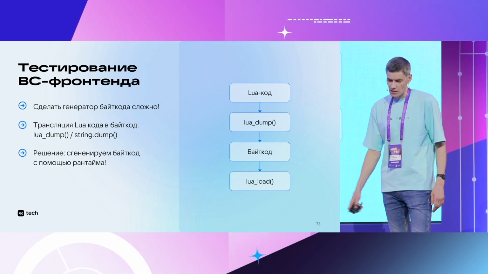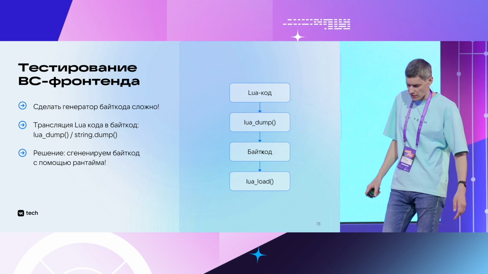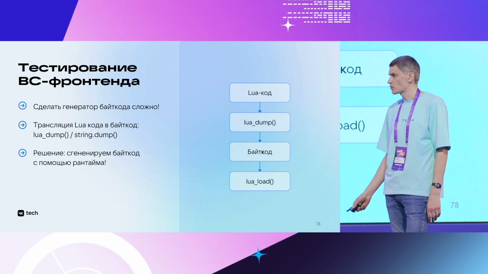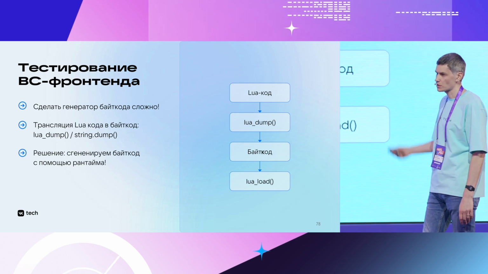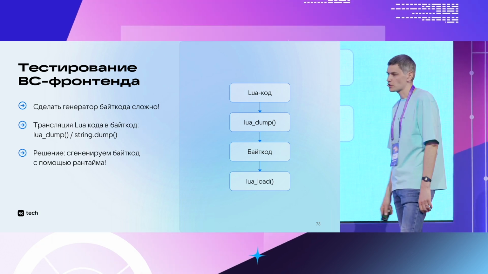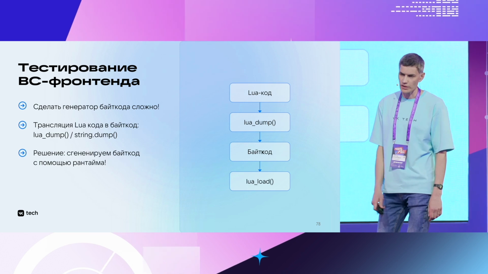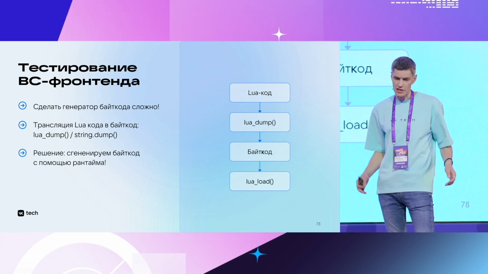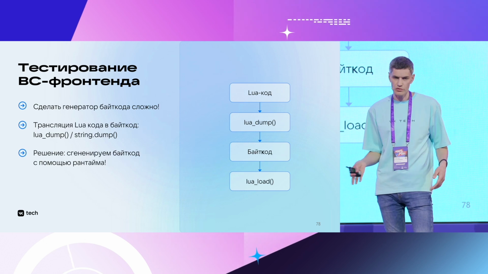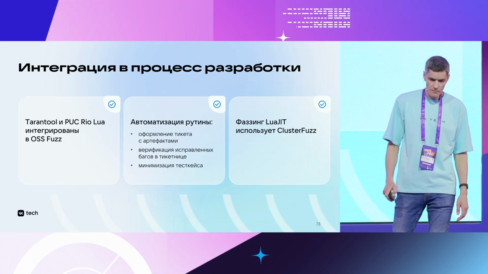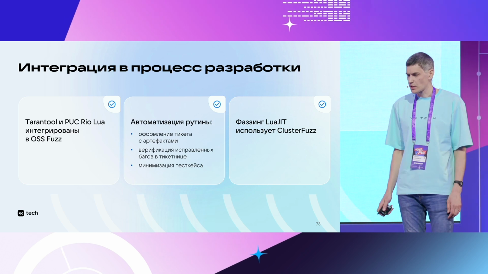So we cannot send garbage. How can we test bytecode here? And we found the solution. We have a Lua code generator, which generates code, and we give it to the load function there, and we have a bytecode at the end, and then we execute that bytecode.